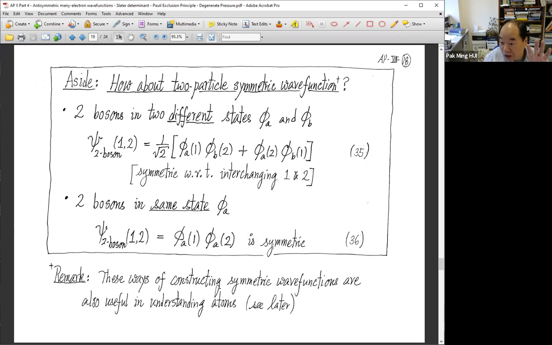Now, this page is just a remark. We are looking for the antisymmetric one, but later on, we will see that knowing how to write a symmetric combination will also be useful in the discussion of the helium atom excited state.